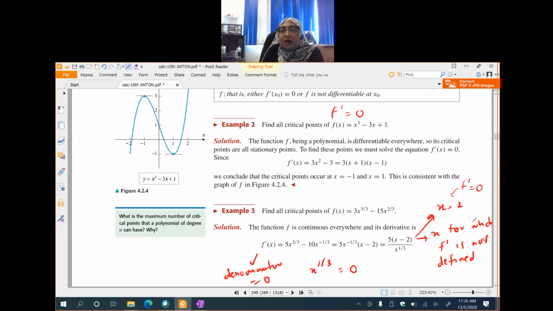So there are two critical points for this function. One is x equal to 2, for when f prime equal to 0, and then another one is x equal to 0, when the denominator of f prime is equal to 0.